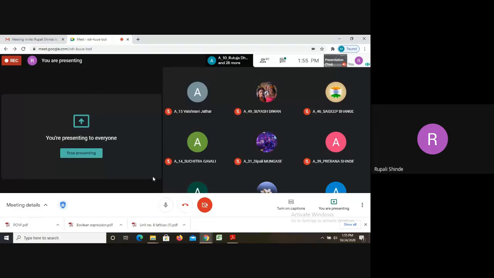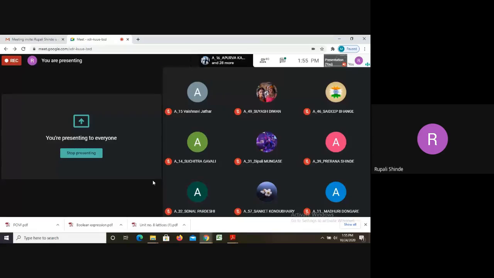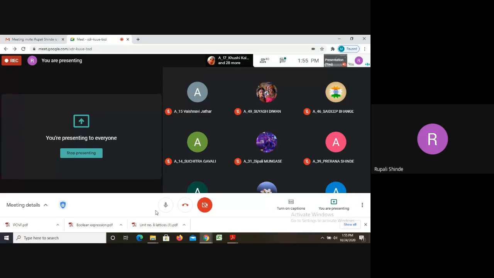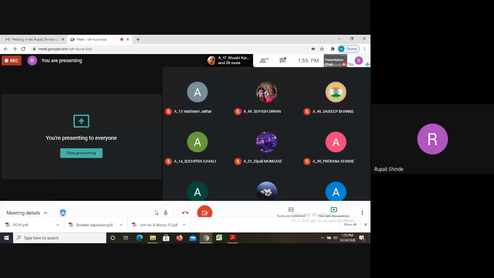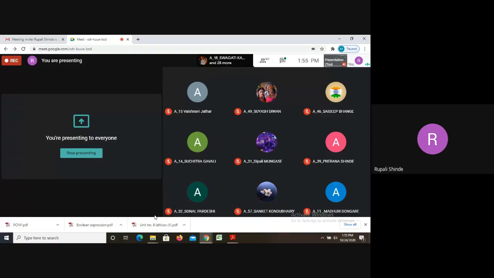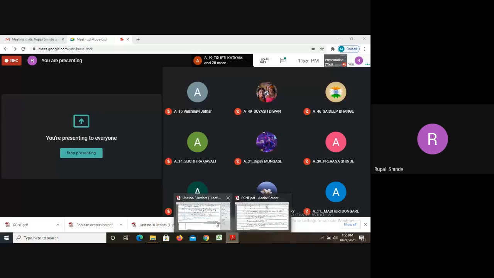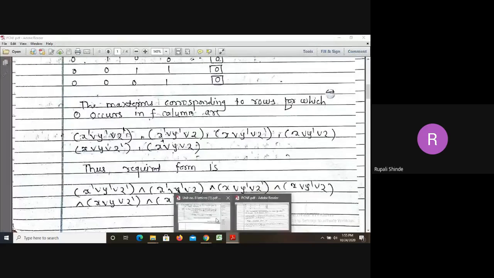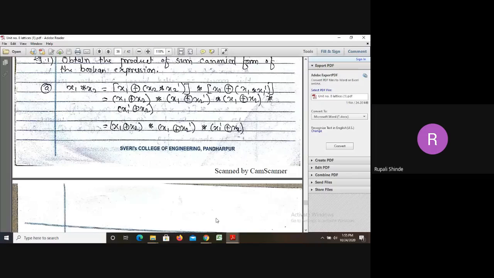Hello. So the correct answer for this one I have posted on your group. That is again solved by Madhuri, and that is correct. Check here. In the last column, we got a total of 6 zeros, and for all these zeros, we have to find the respective max term. Consider the first 0, where the values of x1, x2, x3 are 1, 0, 1.